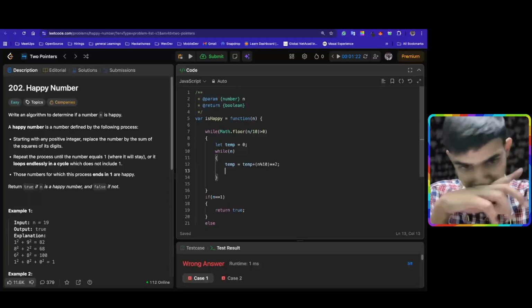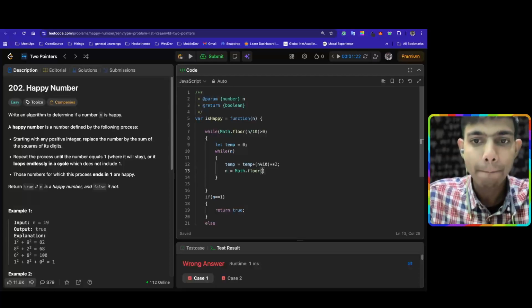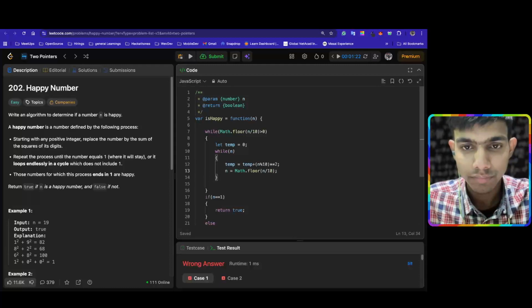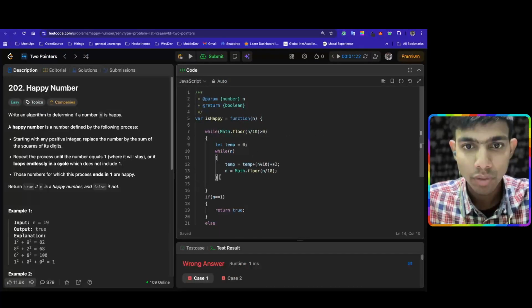Then we need to remove that last digit. n is equal to Math.floor of n divided by 10. So here 19 will end.